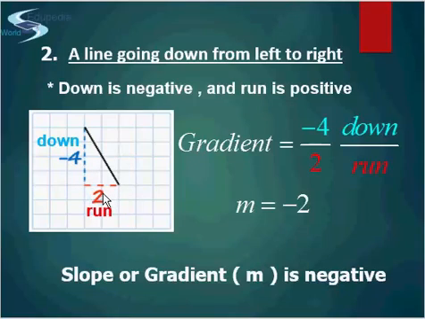The difference from the previous diagram is that the change here is in the negative direction: we're going from a higher point to a lower point. That's why it has a negative 4 for the y change, because it goes in the negative y direction. That is why we have a negative slope, a negative gradient.